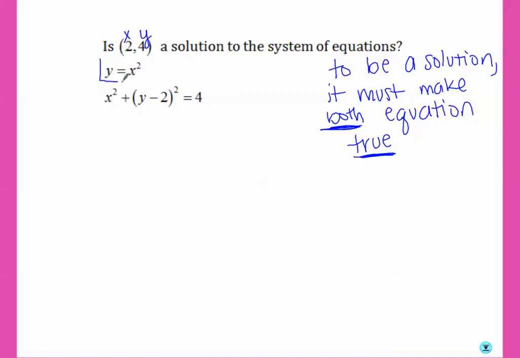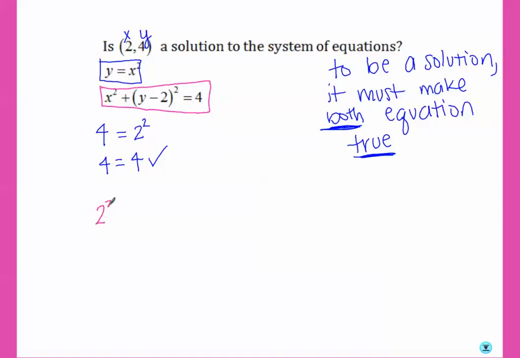So let's look at the first equation. We'd have 4 equals 2 squared. Well, 2 squared is 4, and 4 is equal to 4. So yes, it worked for the first equation. Then we need to try the second equation.